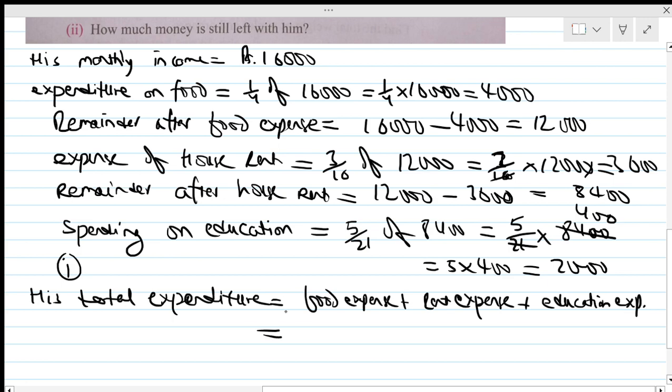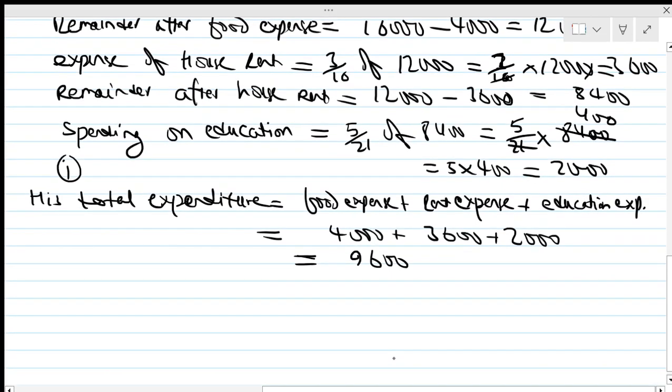So let's add these 3 expenses. Food expenses were 4,000, rent expense was 3,600, and expenditure on education was 2,000. So 4,000 plus 3,600 plus 2,000 is 9,600. So in total he has spent 9,600 rupees.